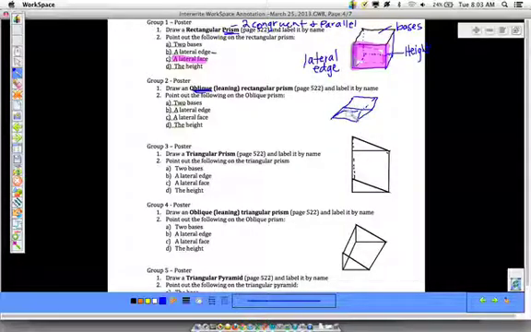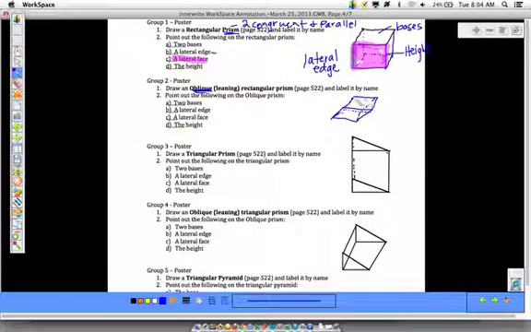Again, these should be dotted, so we'll dot those because they are not seen. Now this is not the most perfect of drawings, but I want you to get the idea that an oblique rectangular prism is a leaning prism.